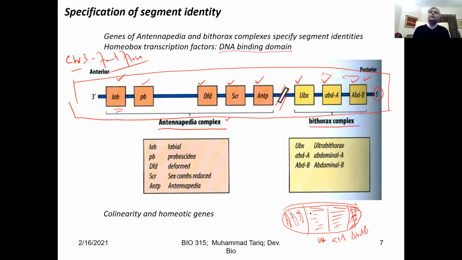This expression pattern from anterior to posterior is very surprising because each cell in the body contains this chromosome. But different cells in different segments of the body very selectively express just labial, then proboscipedia, then Antennapedia, etc. This expression pattern, as well as the organization of the homeotic genes, is 100% conserved if I try to draw the mouse embryo here.